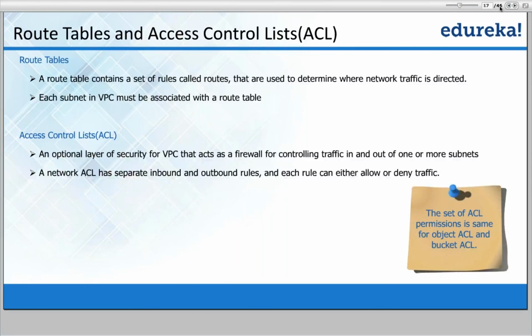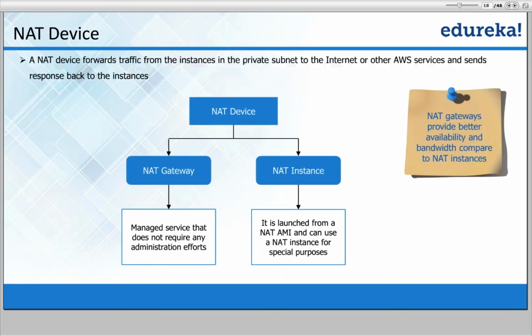All right. Now a NAT, a network address translation, is often used by the private subnet. For example, you may have a database server in your private subnet.